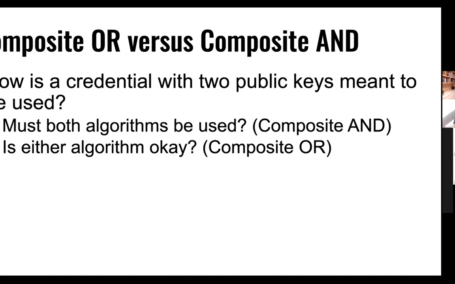there's a concern about retroactive decryption, or the harvest and decrypt attack. The idea that an adversary who doesn't have a quantum computer today could still be recording today's conversations, and in however many years, when they have a quantum computer, could come back and decrypt the things that they recorded passively today.